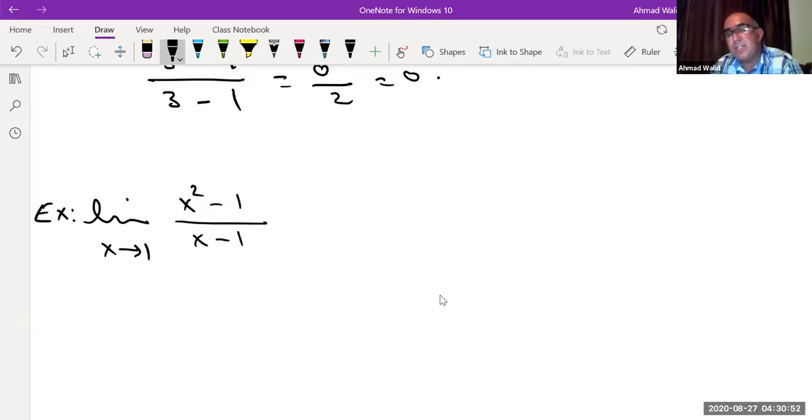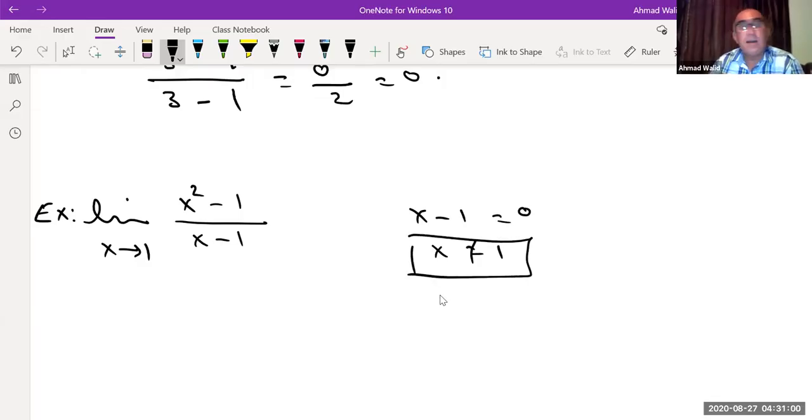Let's see first the restriction. x minus 1 equals 0, x equals 1, it means x cannot take 1. You cannot use direct substitution because if you plug in 1 here immediately, the denominator becomes 0. You cannot find f of 1. No way to use this method.